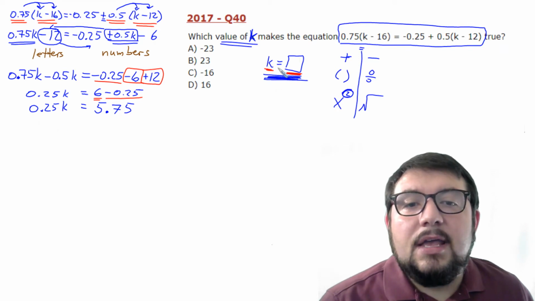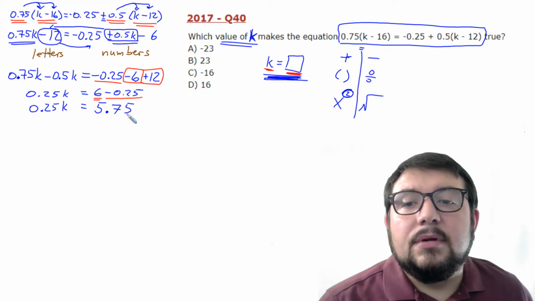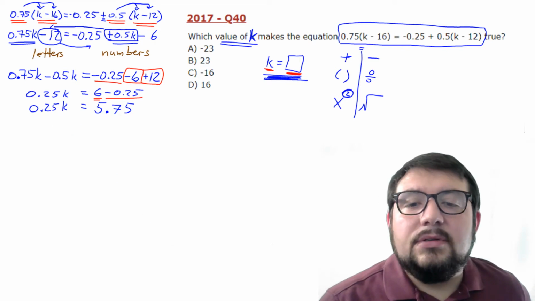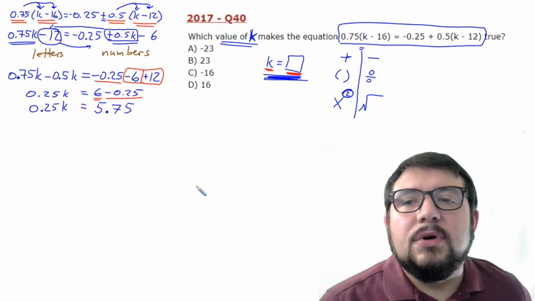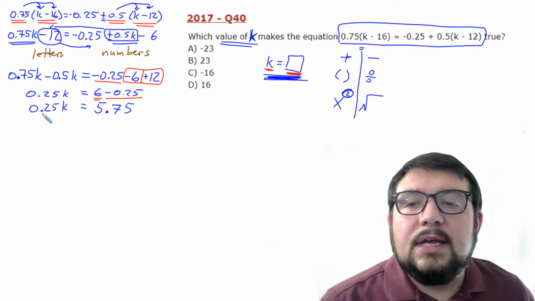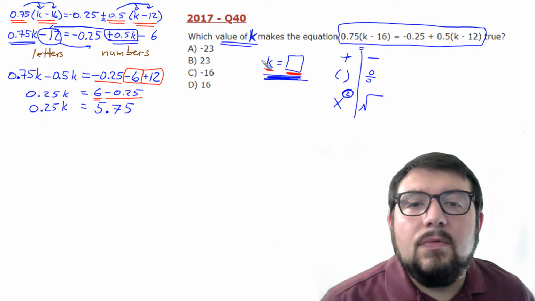Now I'm getting really close to my answer. I want k equals a number. Here I have 0.25k equals a number. What can I do to get rid of this 0.25? There are two possibilities, and I'll do the one that probably seems familiar to most of you. I don't want 0.25k. What I actually want is 1k.